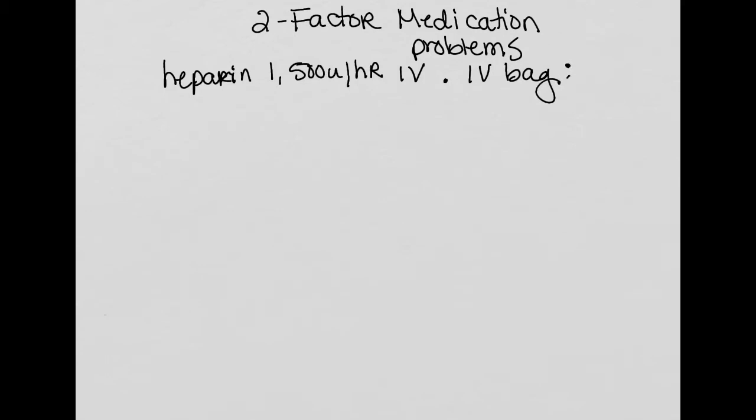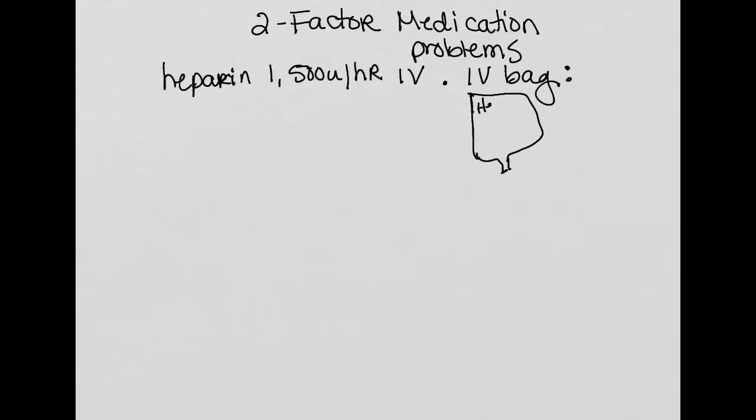Let's make a bag here because it makes it a little more fun. Of course, I can't draw a bag either, but okay. Heparin, it says on the bag, 25,000 units in 250 mL, and it's D5W. All right, so this is what we have.